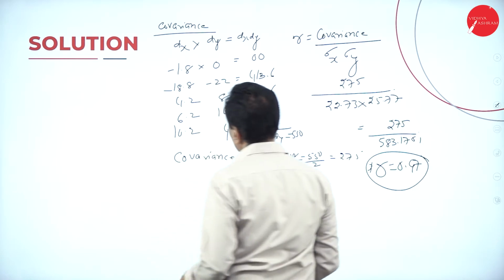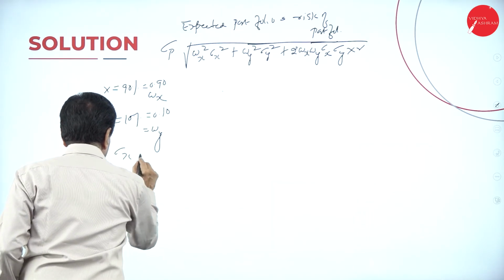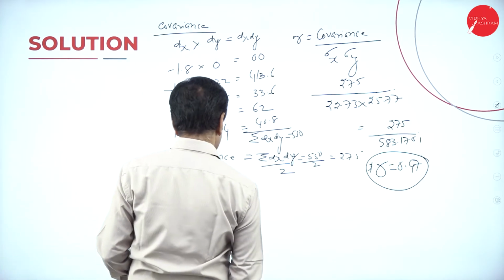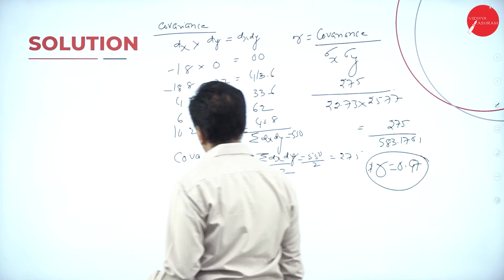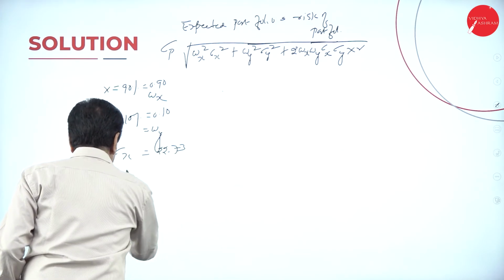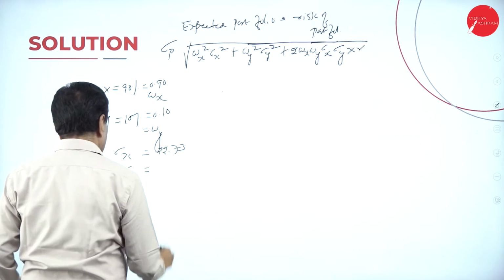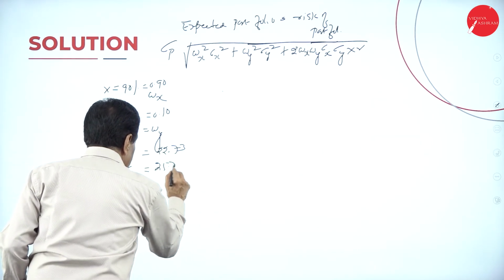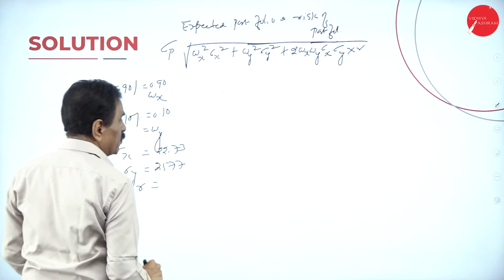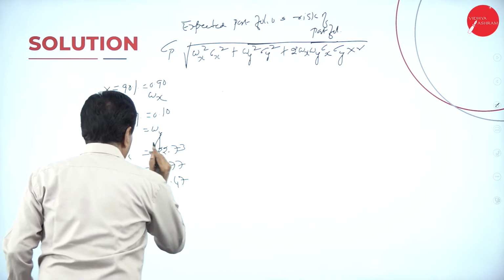Then what do you require? Standard deviation x is 22.73, standard deviation y is 25.77. Then r is equal to 0.47. This is what we require.